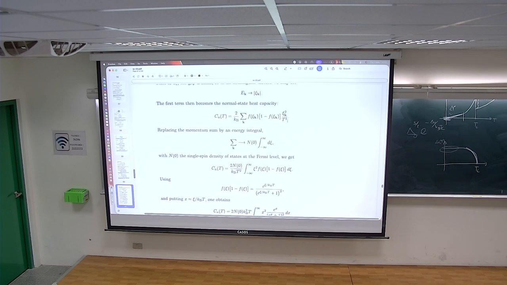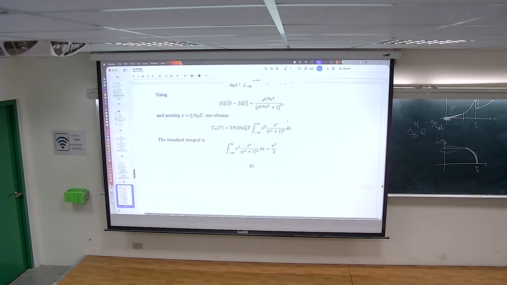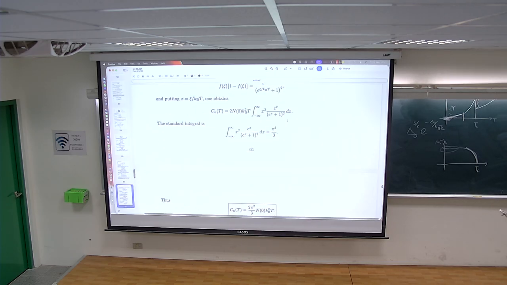Guys, this is a trick which is used all the time in solid state physics: the summation over k goes to an integration. Since everything that matters is around the Fermi energy, we just use the density of states at the Fermi energy, so this integral gives you this thing. At the end you make some change of variables. This is an integral with many constants, and there is a dimensionless integral which should be calculated.